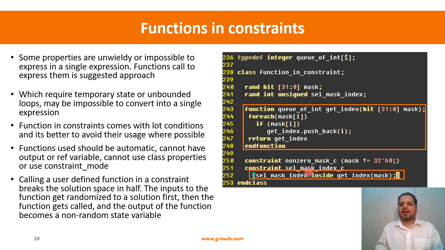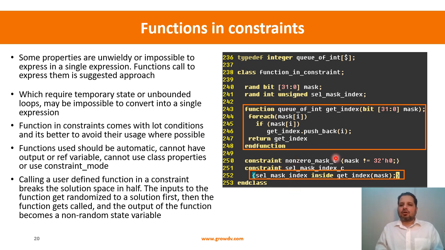So we are generating this random 32-bit mask, and we are saying mask should not be equal to 0. So a non-zero mask value gets generated, and then we are saying the select mask index must be inside, and we are calling a function here called getIndex, and we are passing this random variable mask to it. So this whole thing gets solved in two stages.